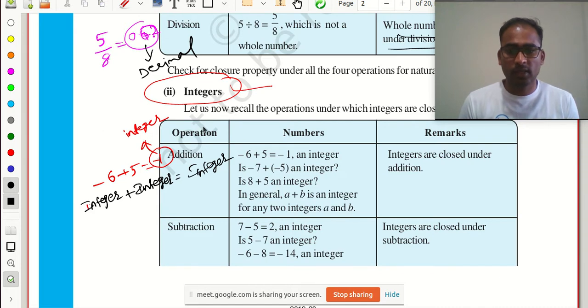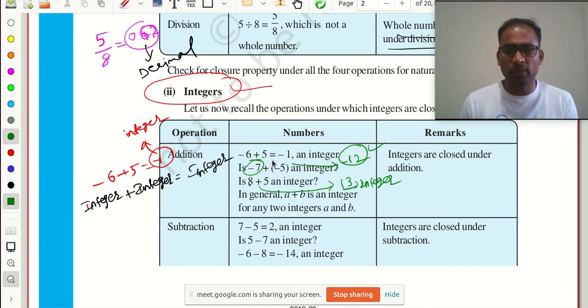Is this clear? Now see in this example, minus 7 plus minus 5 is an integer. What is the resultant? It is minus 12. Minus 12 is an integer, no problem. So here 8 is an integer, 5 is also an integer. 8 plus 5 is how much? 13. 13 is also an integer. So we can say these integers are closed under addition.